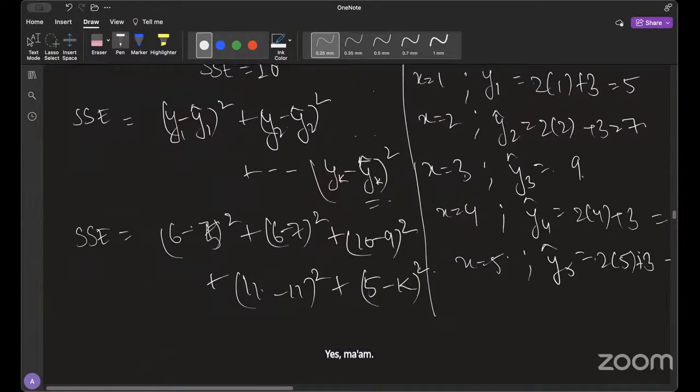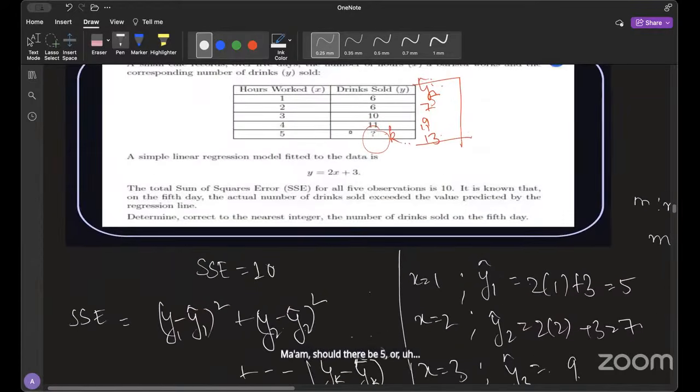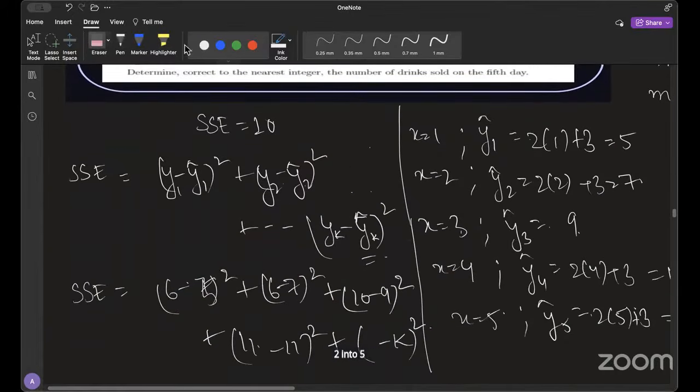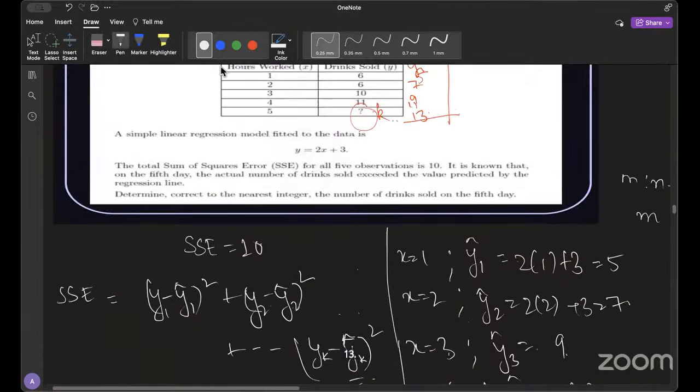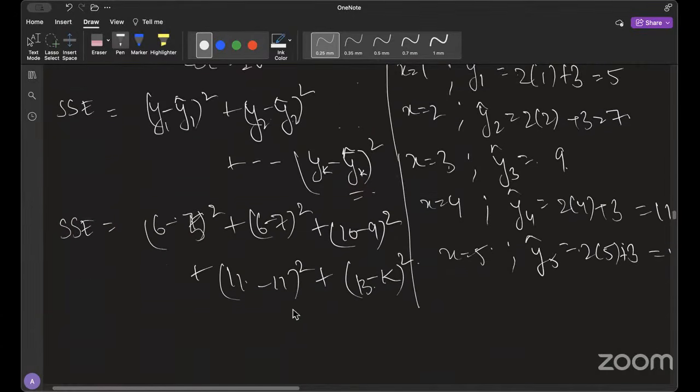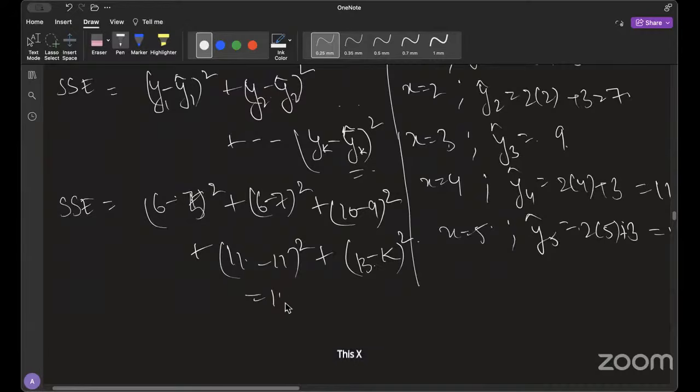Ma'am, should that be 5 or is it 2 into 5 plus 3, 13? Yes, 13 here, right? It should be k minus 13 squared, and this SSE is given to be 10.